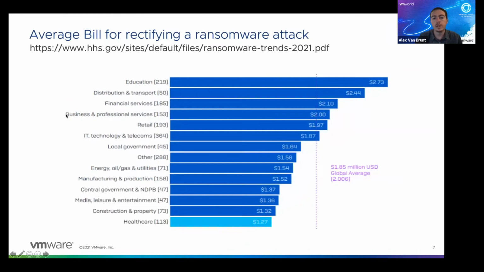So from a monetary standpoint, since ransomware tends to have a huge impact on businesses, there was a data grab at one point from all the different incidents that happened over the last year or so. And they categorized them by markets and groups. So in particular, this one was publicized with the healthcare organization. They were calling out their healthcare one, which we can see was about 1.27 million.